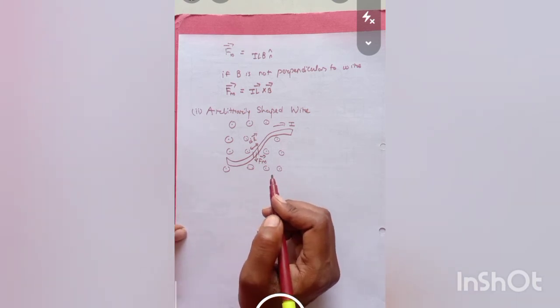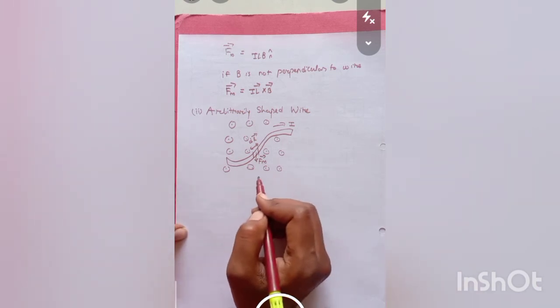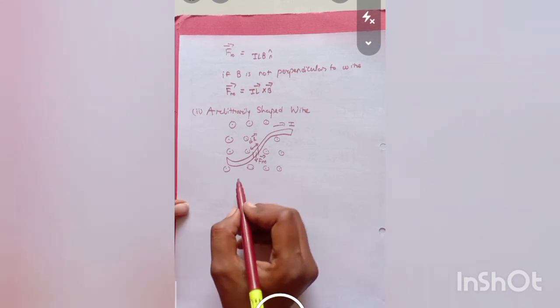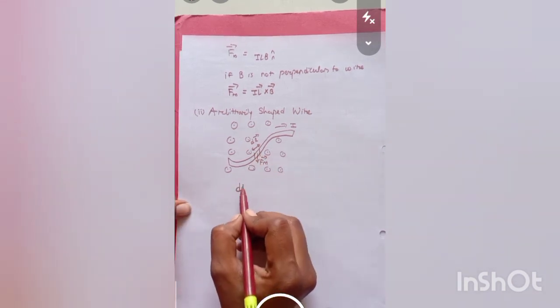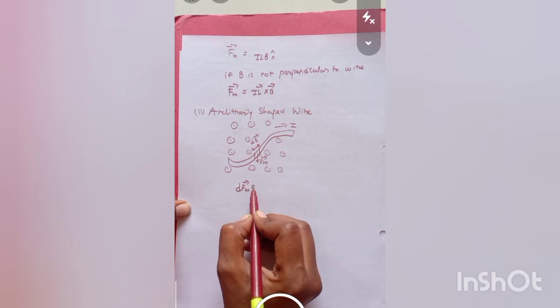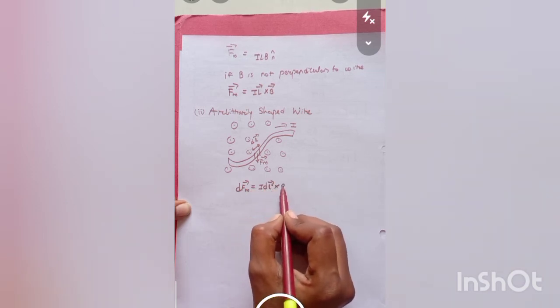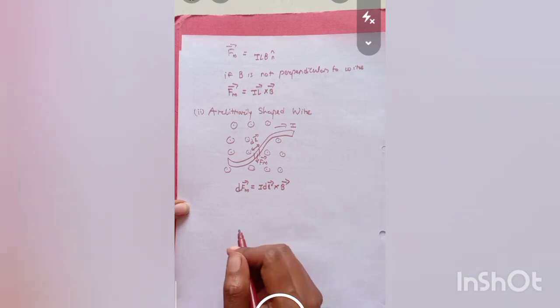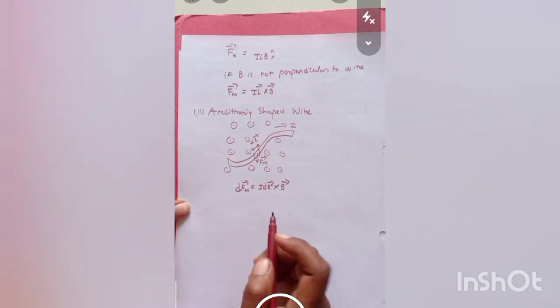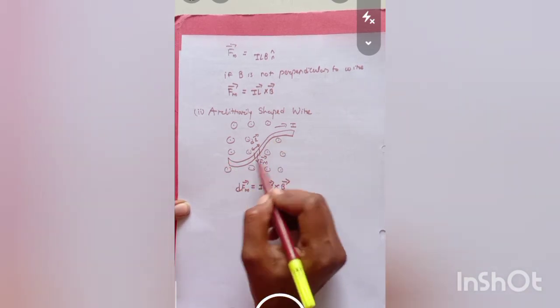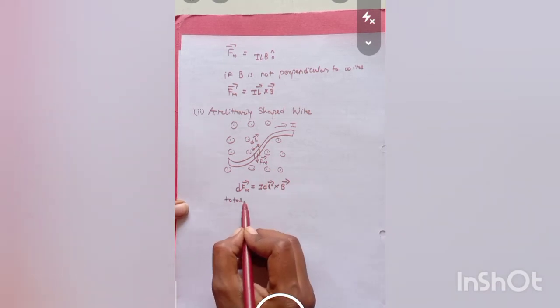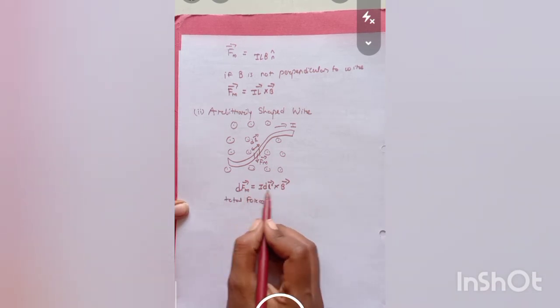The magnetic force due to this perpendicular magnetic field will then be given by, for this small element, dFm is equal to I vector dl cross vector B. So the total force will be given by total force. So here we have it in differential form.